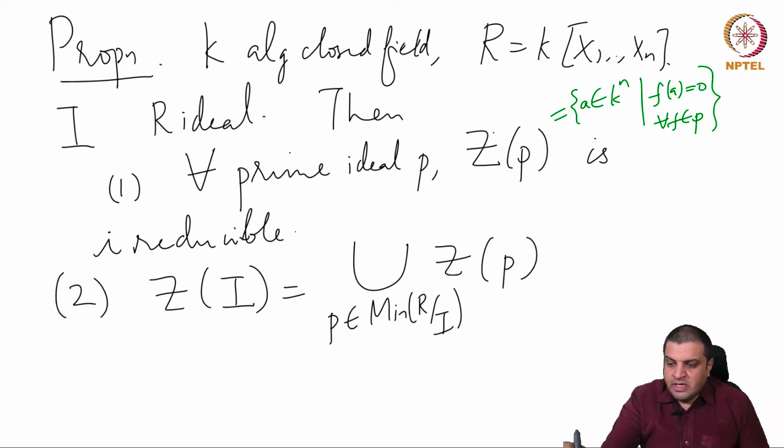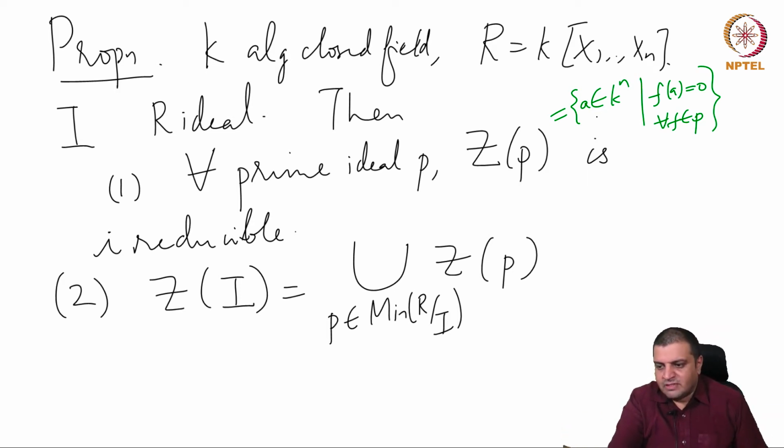whenever we say topological statements about Z of I, it comes from the Zariski topology on K^n. Because K is algebraically closed, points of K^n correspond to the maximal ideals of this ring. The maximal ideals form a subset of spec of the ring, and spec has a Zariski topology, which the maximal spectrum of R gets as a subspace topology.